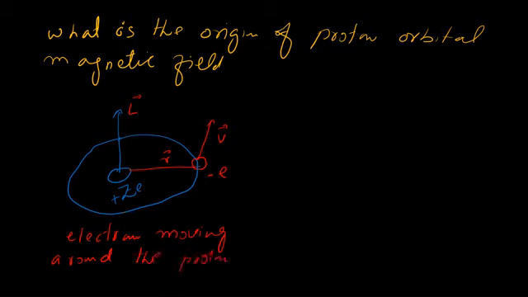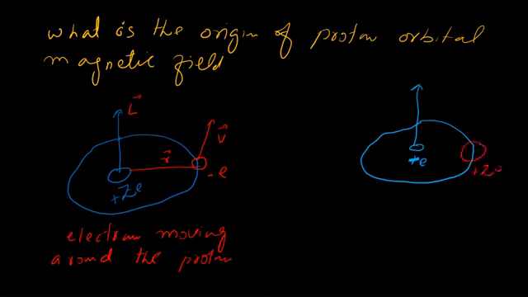The second point of view is if we consider it from the rest frame of the electron. Then the electron is here with negative charge, and the proton is moving in a circular orbit around the negatively charged electron.